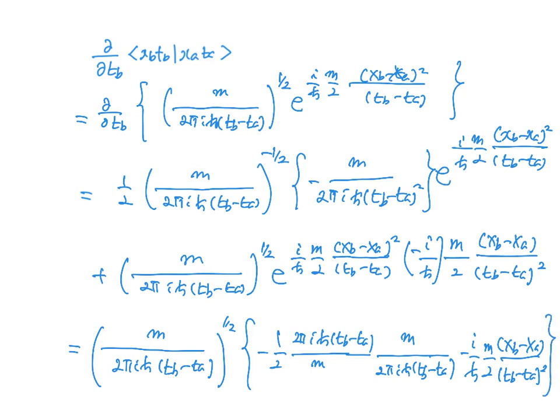So this cancels this. This is squared, so this cancels this and this. So we have the following formula.